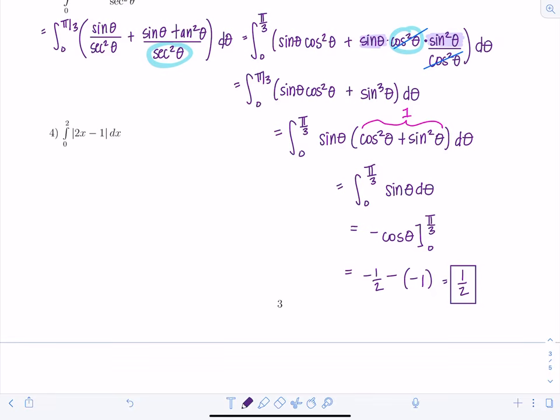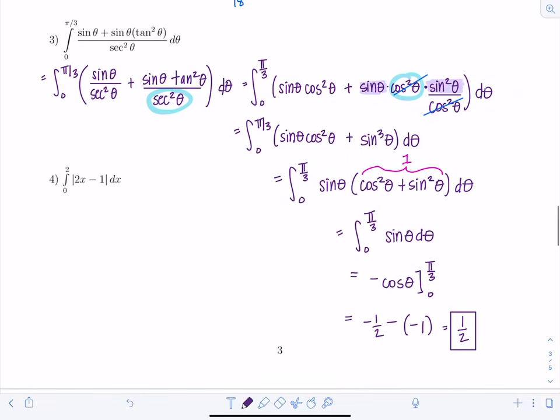All right. Did someone notice an even faster way to do this? Well, depending on how sharp you are with your trig identities, from the very beginning we could have just factored out the sine theta in the numerator, and then you would have 1 plus tangent squared theta over secant squared theta d theta.